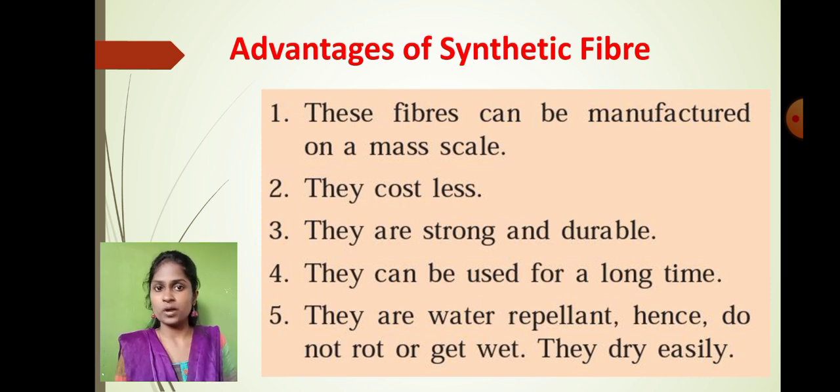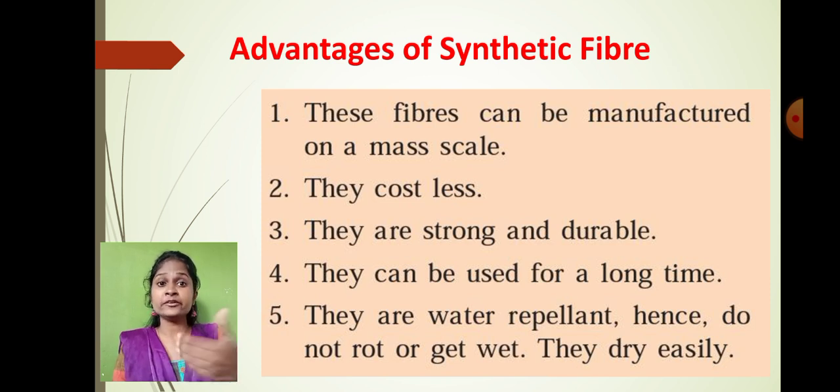Advantage number 1: synthetic fibers can be manufactured on a mass scale. What do we mean by mass scale? We can obtain these synthetic fibers on a larger scale. As you know, cotton, silk and wool are obtained from plants and animals.